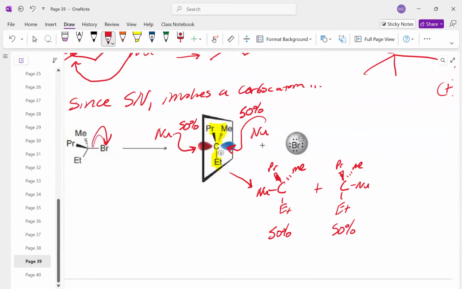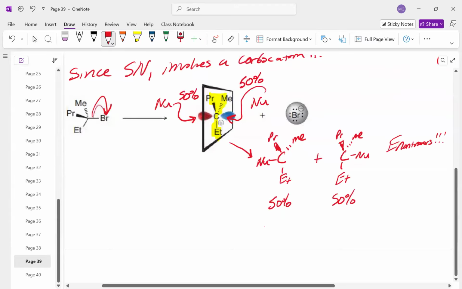Now, I know I'm kind of going back to almost the beginning of the semester, but what do those two compounds look like in relationship to each other? They're enantiomers. And what do we call an exact 50-50 mixture of enantiomers? It's a racemic mixture.